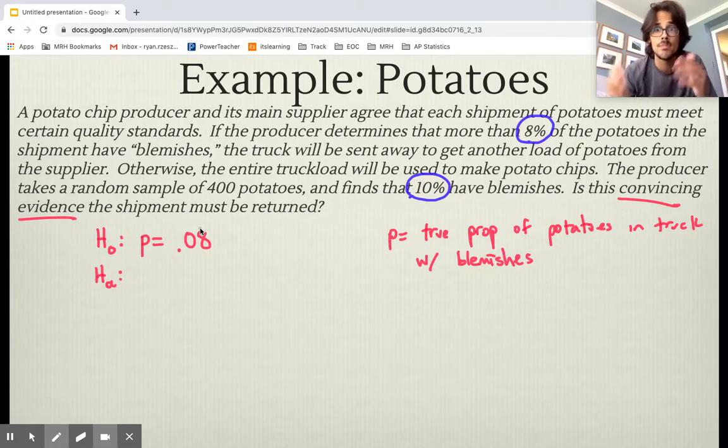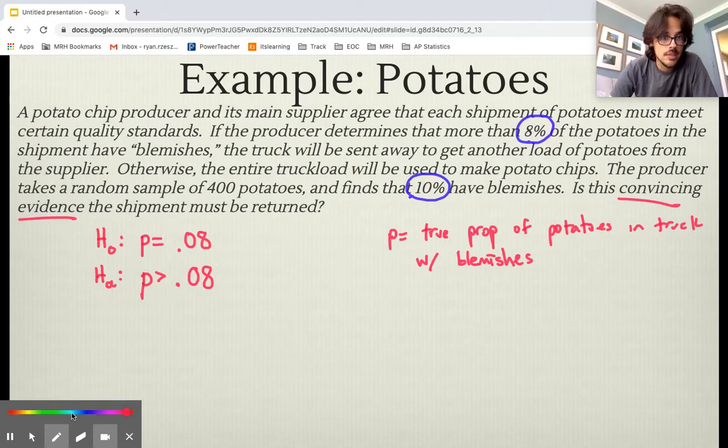That's holding up your production. It's making the potato truck people mad. You're going to let the truck in unless there's convincing evidence that the truck is bad. So my job as the inspector, I am looking for evidence that that P is definitely bigger than 8%. Okay, so this is my hypotheses set up for this problem.